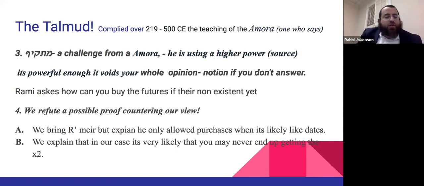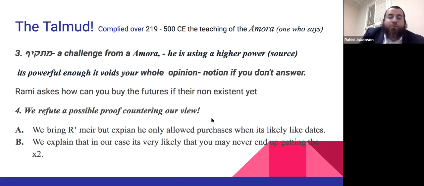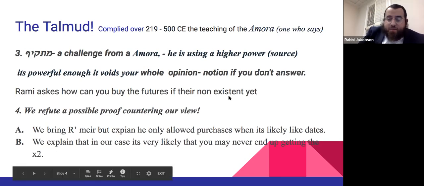The fourth step of the section of the Talmud that we're discussing, I didn't have the proper Aramaic wording for it, is that we refute a possible proof countering our view, which is right. It's a very common practice in law or in any such thing. You may think this and this, so let me tell you, it is not. How did we use that in our Talmud? We tried challenging the view of buying financial rights based on the fact that it's not existent yet.